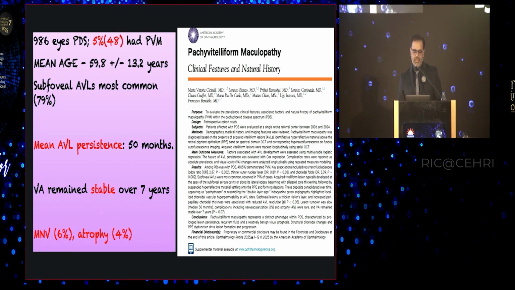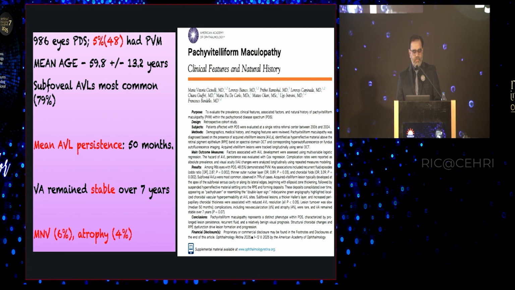Now this is the study which was lately published by Dr. Maria, and it is her paper. They had a retrospective study with a cohort of close to 1,000 patients, of which 5% were patients who had PVM. Their mean age was similar to what was described before. In these patients, they did include patients with subretinal fluid.